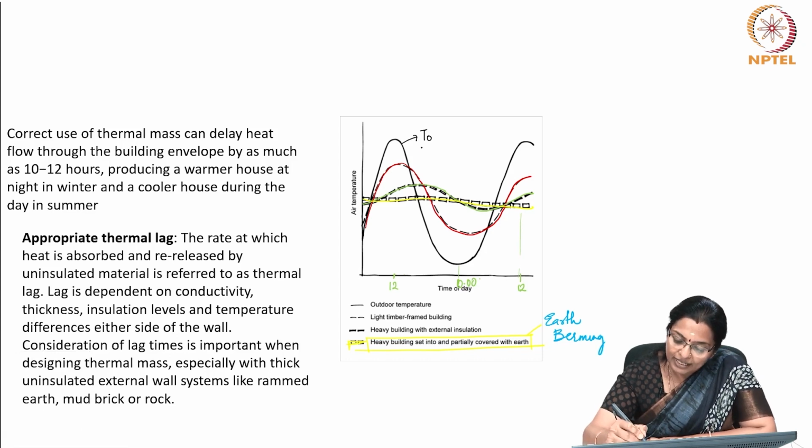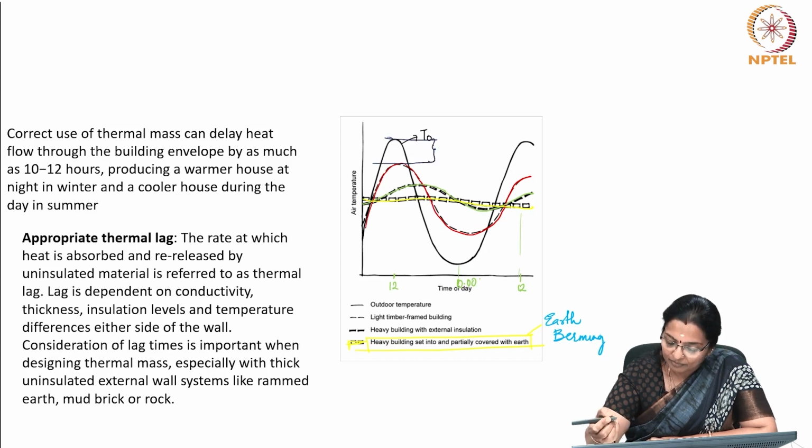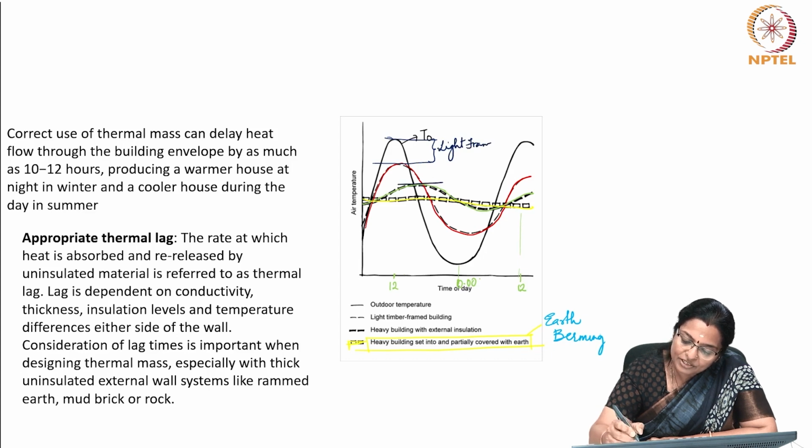Now, if you look at the time lag, this is the difference between the light framed building and the outdoors, and this is the temperature difference between the heavy building with external insulation.